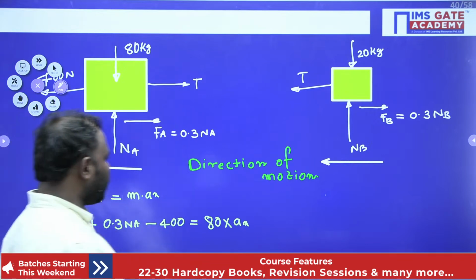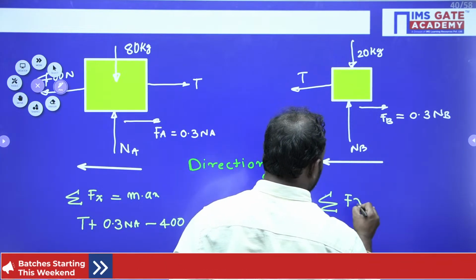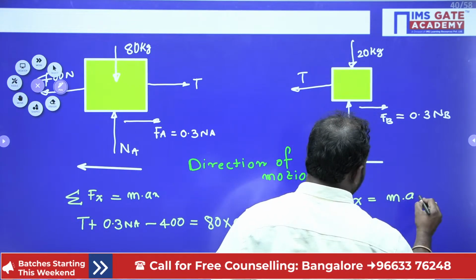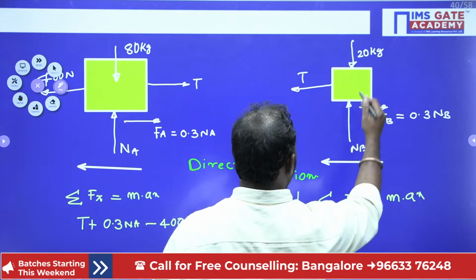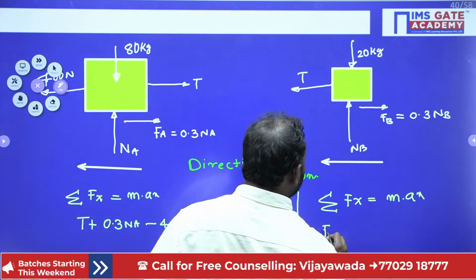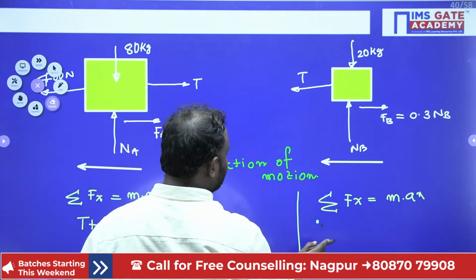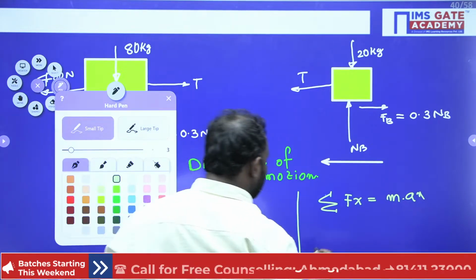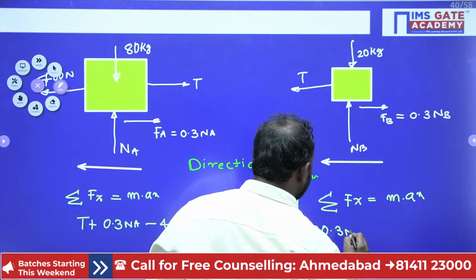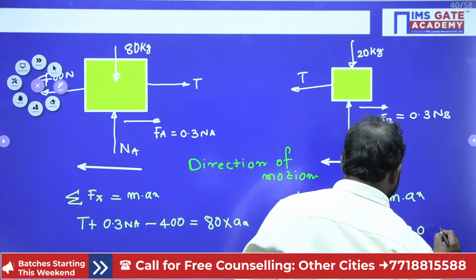Now similarly you write the same equation here, sigma fx is equal to m dot ax. All right. Now here sigma fx, this is forward direction, 0.3 nb minus t is equal to 20 kg into ax.